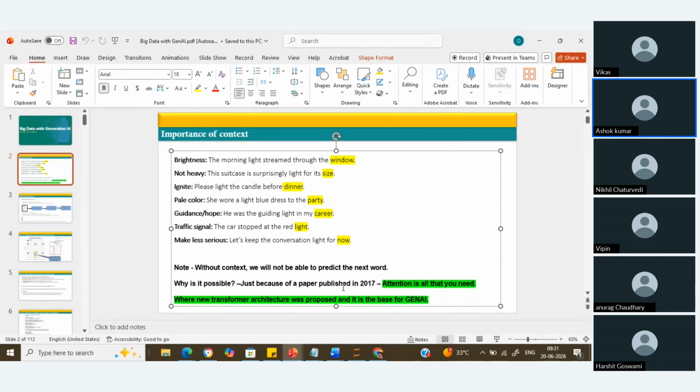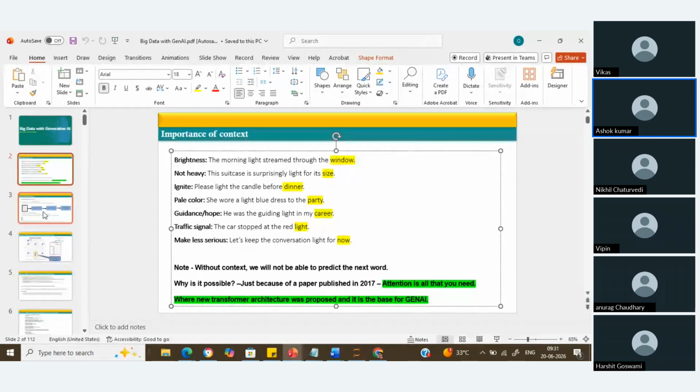You can refer to this paper; it's really interesting. I will share the link, or you can go to Google Scholar and type "Attention Is All You Need" to find it. Go through it, and it will give you ample information. It will be a good step towards generative AI.